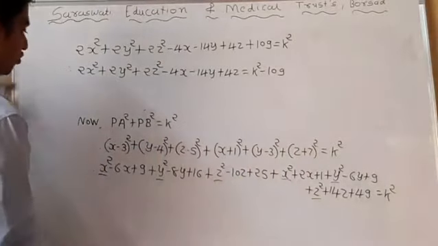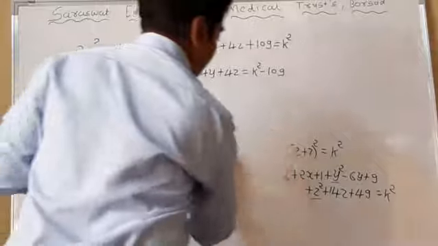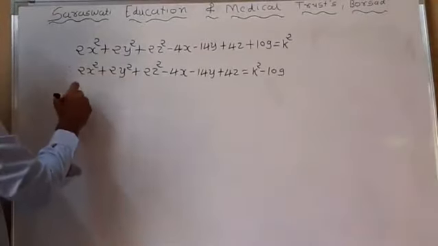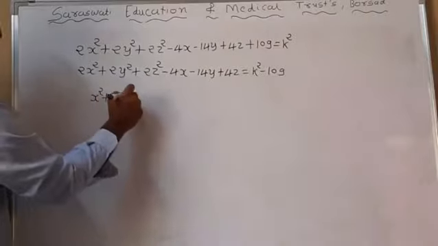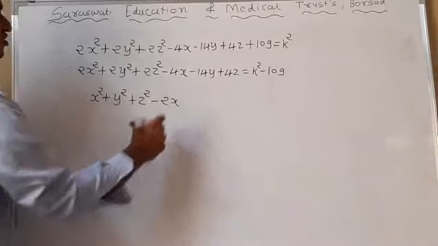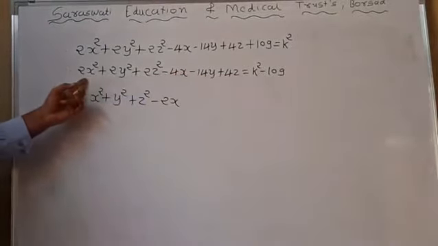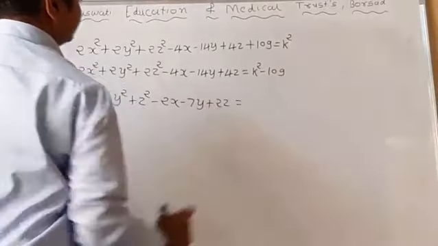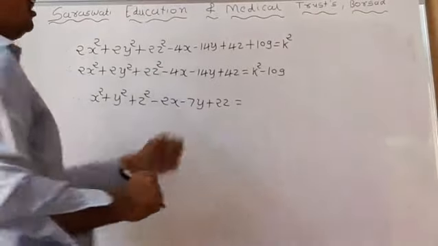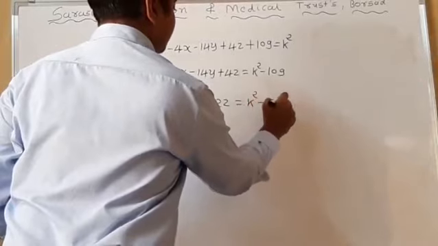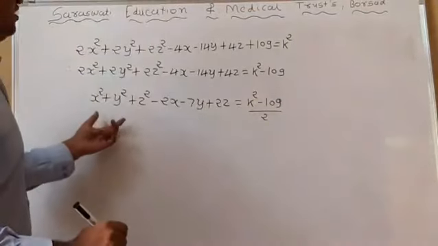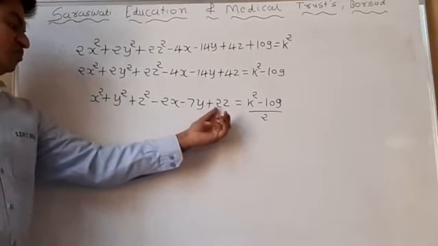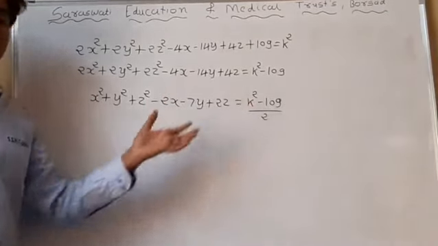Now we can take 2 common in the whole left-hand side and move the 2 to the opposite side, so our final answer is x square + y square + z square - 2x - 7y + 2z is equal to (K square - 109) divided by 2. Clear?